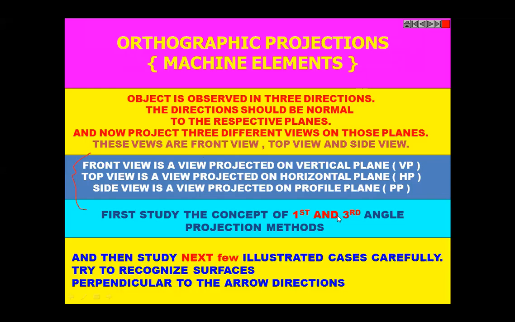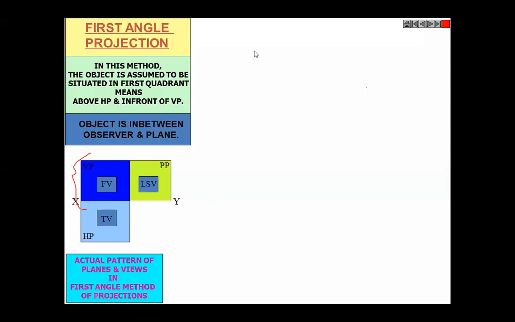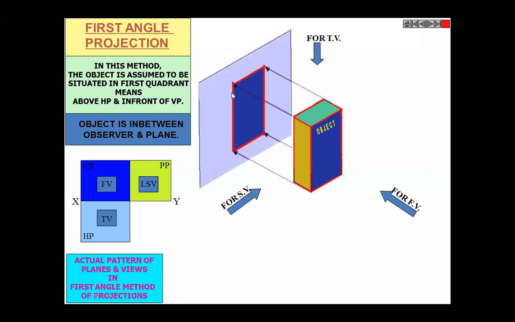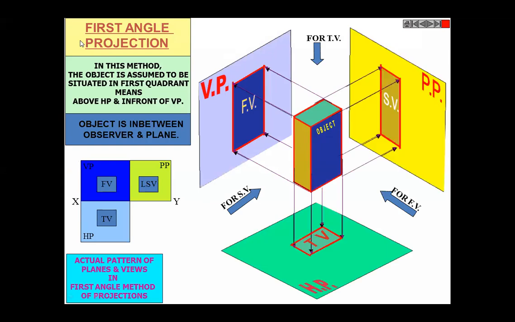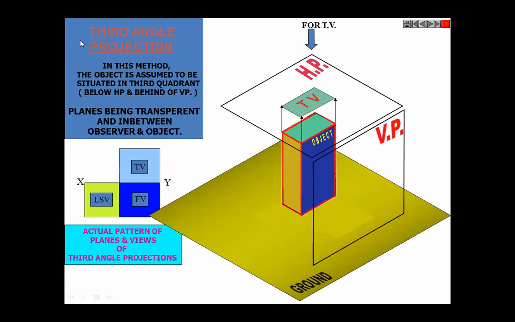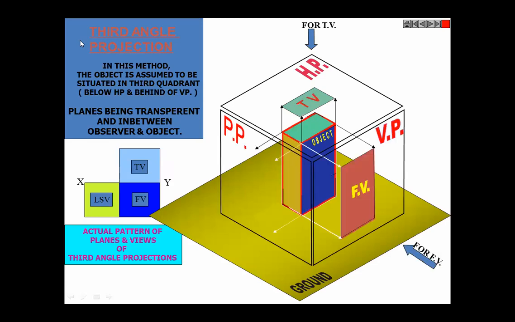We have seen first angle and third angle. Now we will see a few illustrations. We have seen how the first angle projection is; it is written here, first angle. This is third angle, just what we saw earlier.